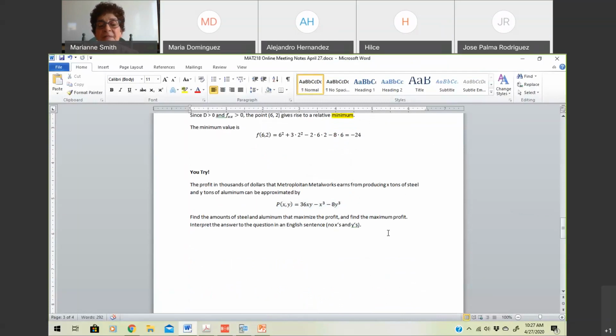Find the amounts of steel and aluminum that maximize the profit and find the maximum profit. Interpret the answer to the question in an English sentence. That means no X's and Y's. Okay? So you try this one. I'll work it down here. Okay, again, if you get stuck or you have questions, just pop something in the chat and I'll answer you, okay?